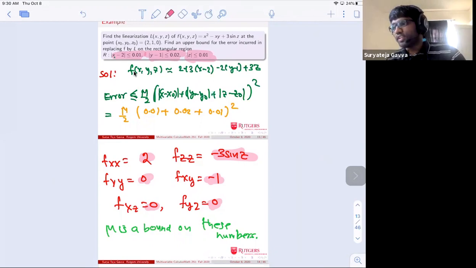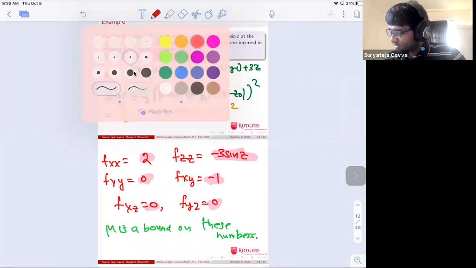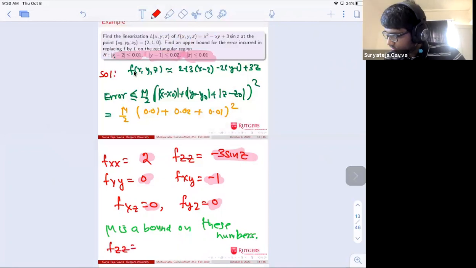But z is at most 0.01. So if I plug that in, you'll get that the absolute value of fzz is at most 3 sine 0.01.